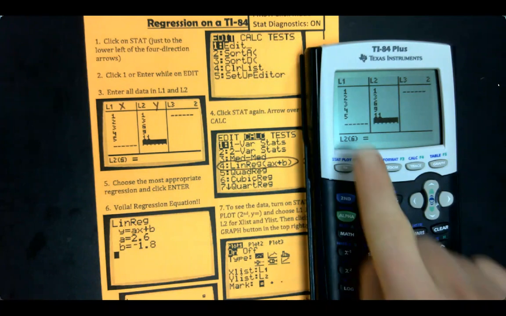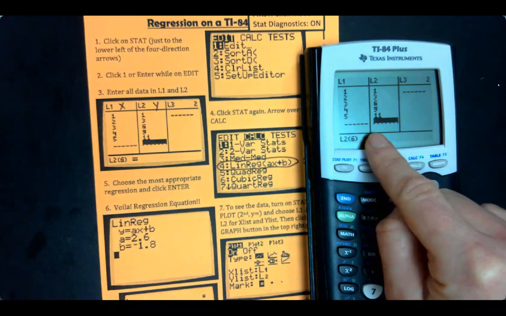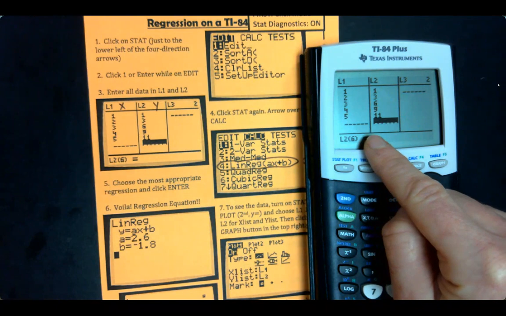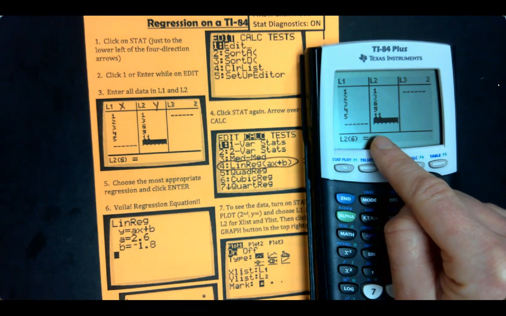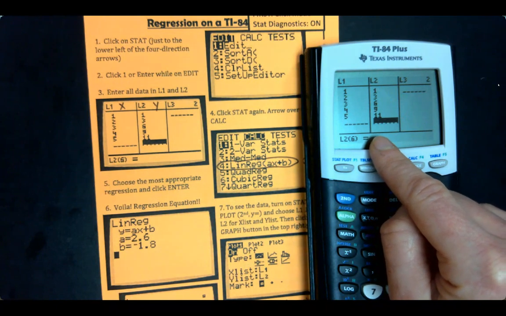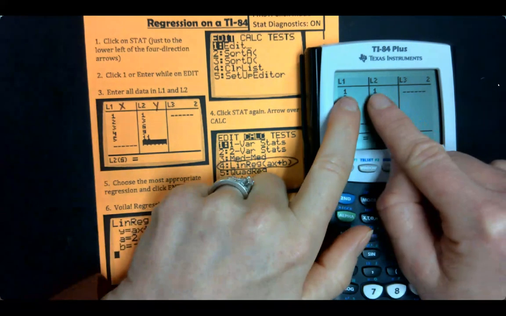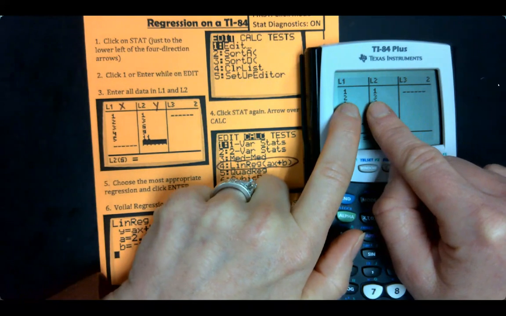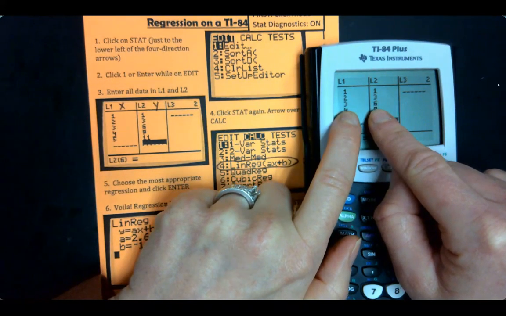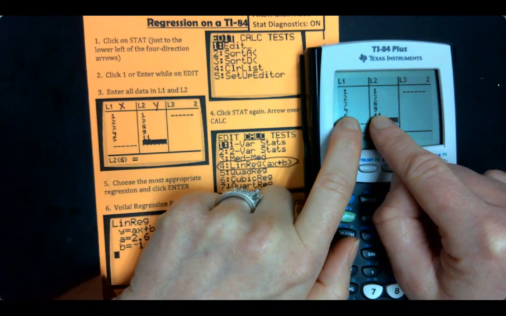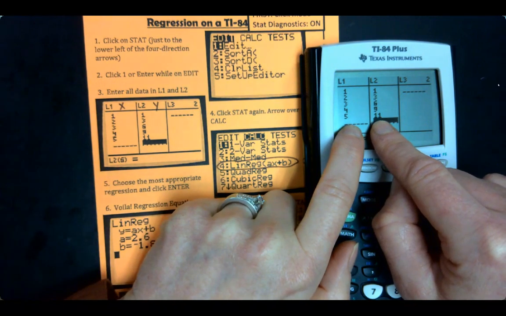So it's really important that when you finish typing them in, you go back and double check that you typed in the numbers right. Because you could miss this problem because you just mistyped something in. So 1 is with 1, 2 is with 3, 3 is with 6, 4 is with 9, 5 is with 11.